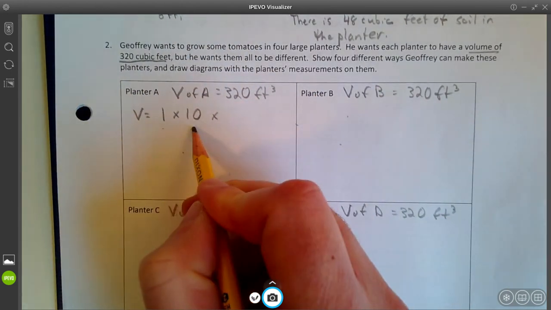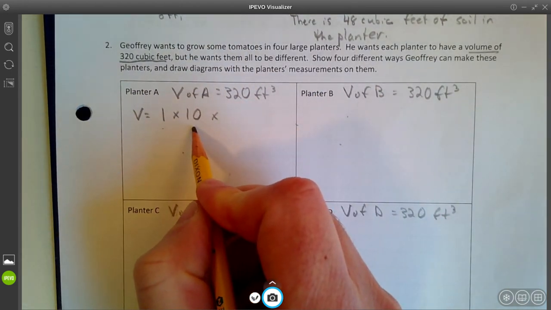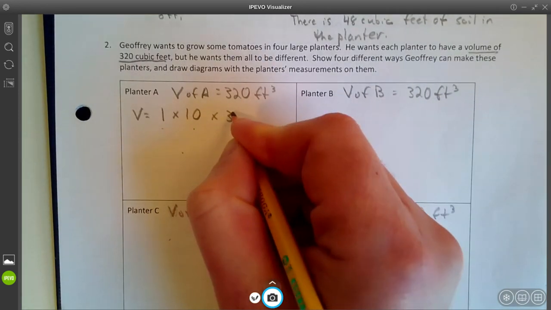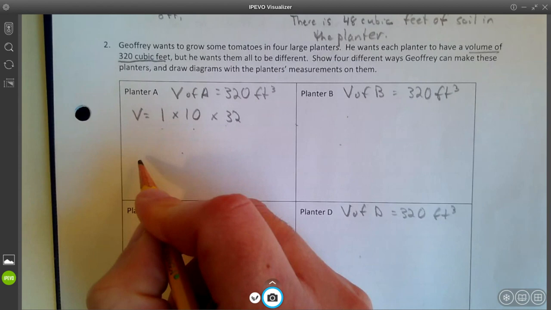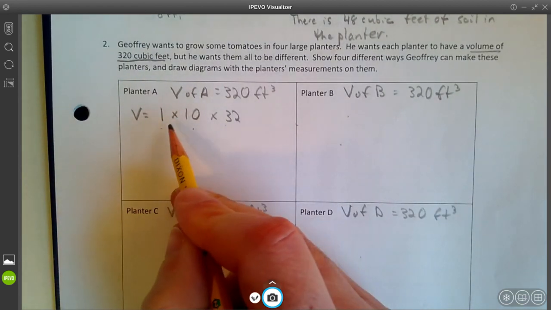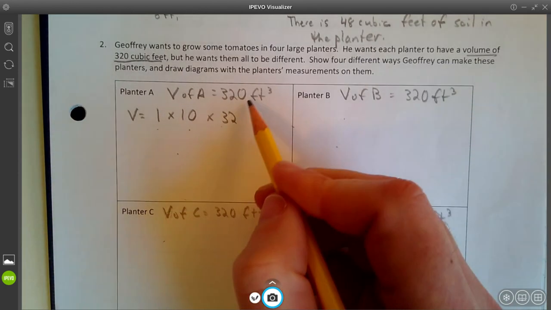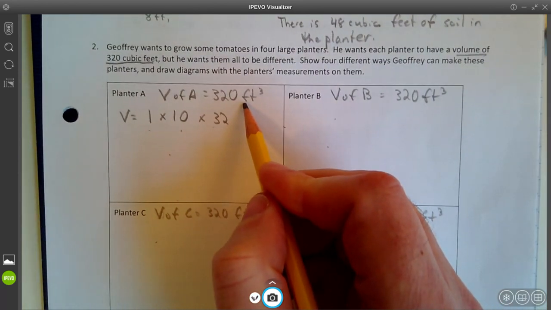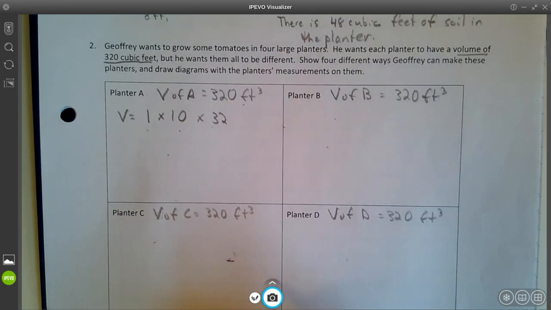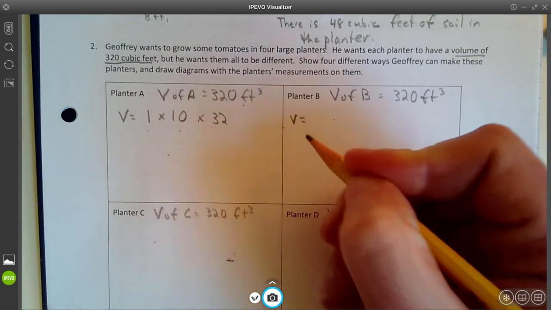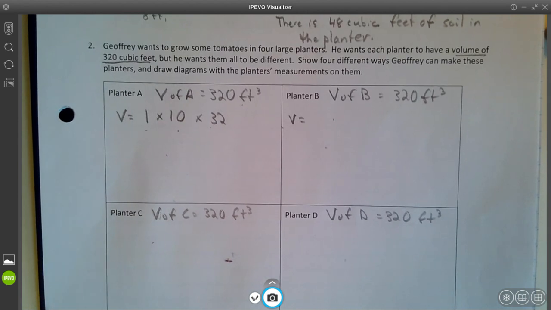That gets me 10, and I need 32 of those, right? 32 tens. So one way would be one foot. It would be a crazy shape, but it would get us 320 cubic feet. How about some other factors that we multiply together to get 320?